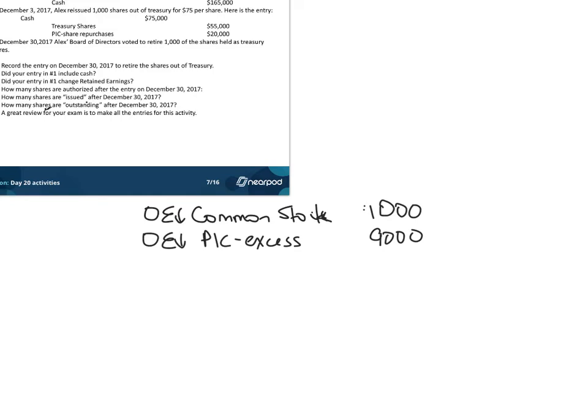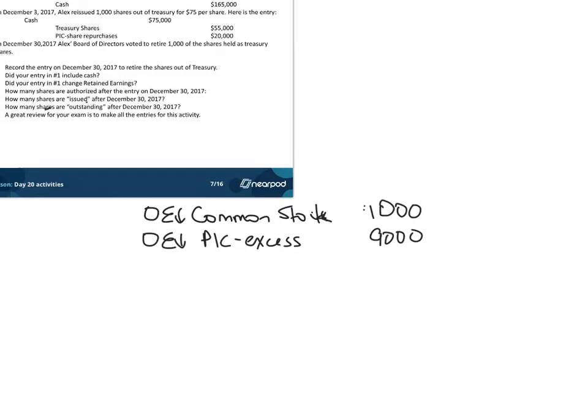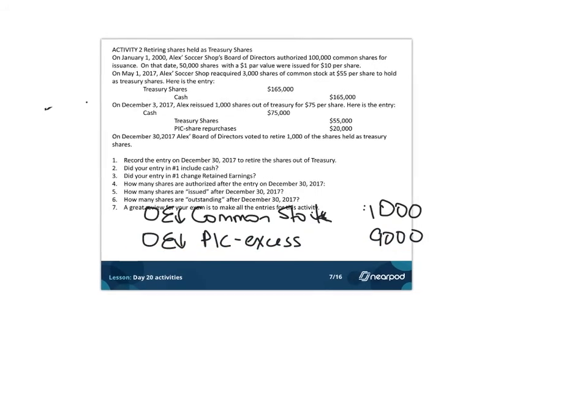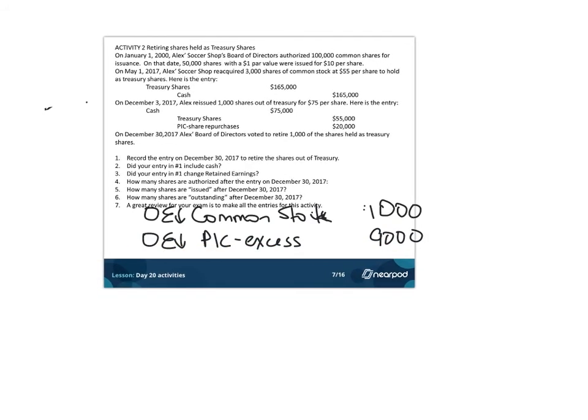We said in the problem that we took them out of treasury shares and that originally we had reacquired them for $55 a share.